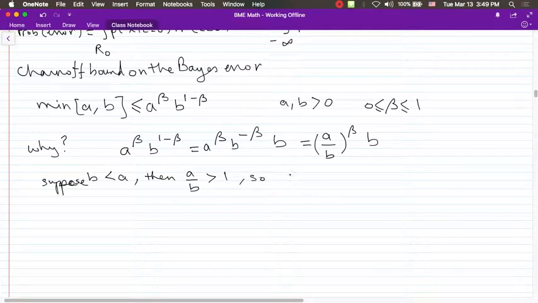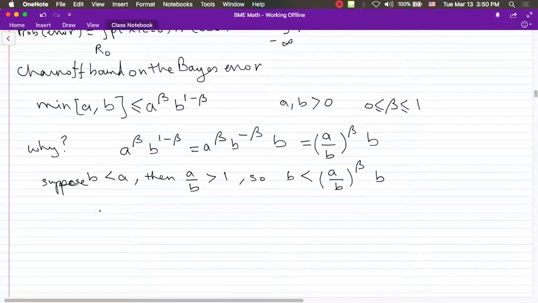Which means that B is less than A over B to the beta times B. So far so good. So if B is less than A, then the minimum of A and B, which is B, is less than this quantity, which is true. Here it is. I just showed it to you.